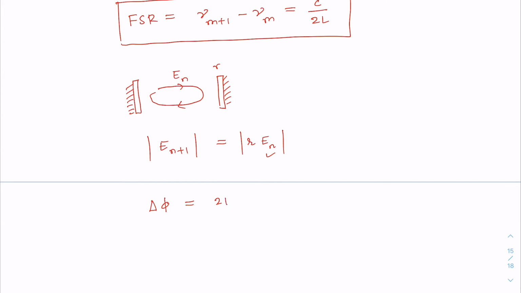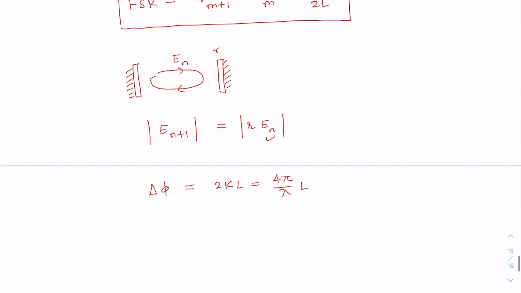And of course the phase for one round trip, as we know, would be 2k into L, which I can also write as, k is equal to 2 pi by lambda, so it would be 4 pi by lambda into L. Therefore the electric field after the n plus 1th round trip, now here I have written the magnitude.